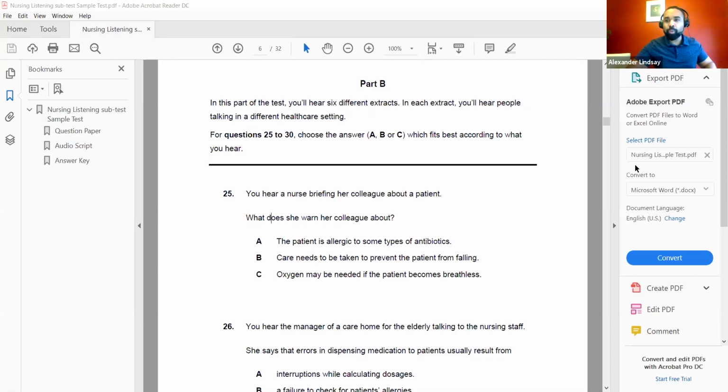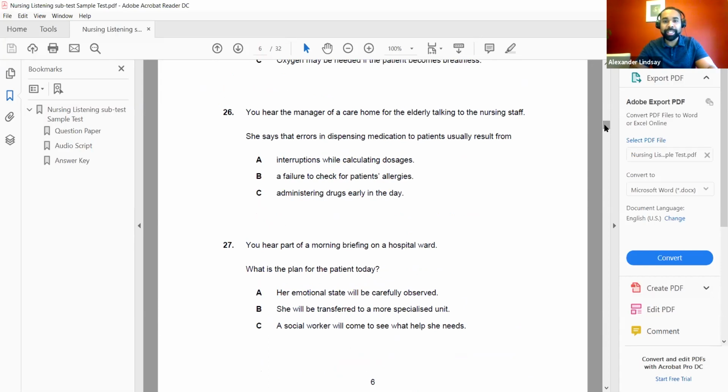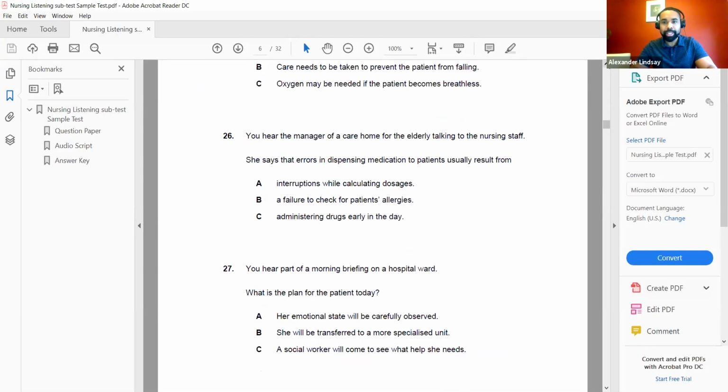So I've talked about function in the case of 25, and we can see that it was a warning in this case that we're listening out for. So we can think of language which relates to a warning. If we scroll down to 26, we can have a look at another example here.